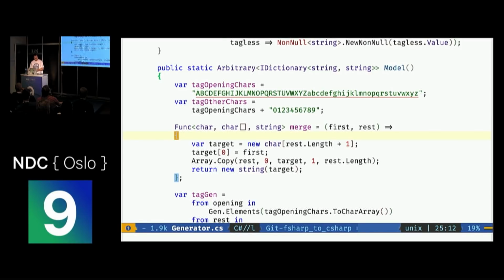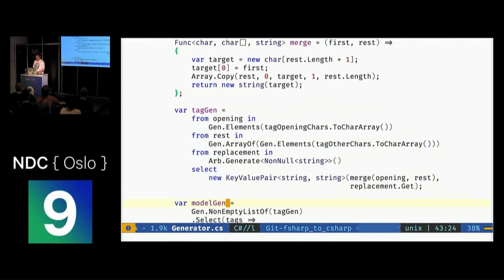So this is lovely. And in the last 10 minutes, I'm going to see if I can cover the next bit. You can get a long way using FsCheck in C#, and as you can see, the code actually looks relatively nice. There is one issue with using FsCheck from C#, which the F# language allows you to get around slightly, which is that you have LINQ expressions in C#.